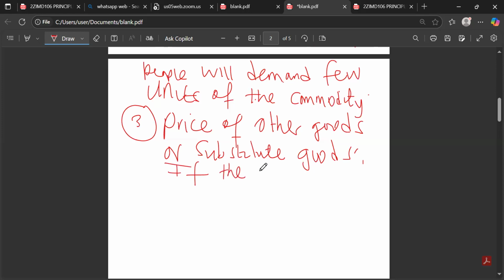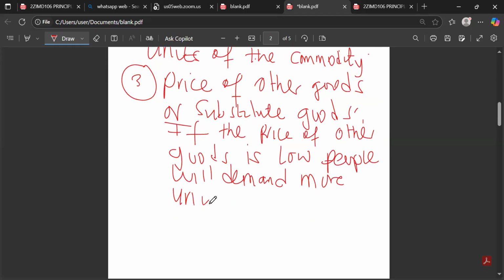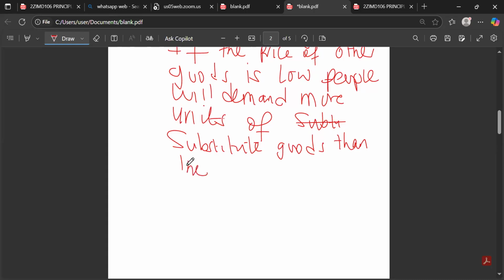So if the price of other goods is low, people will demand more units of substitute goods than the original good.